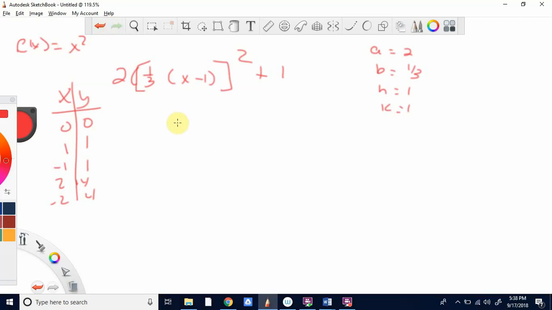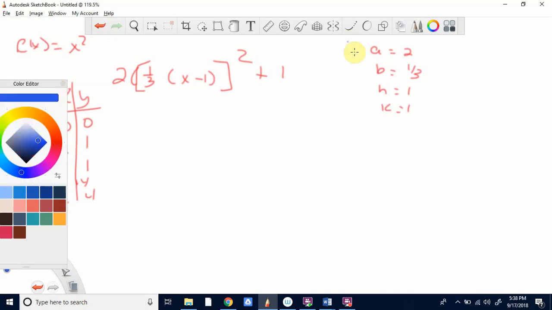Okay, so let's put our formula chart in. Remember, a and k affect y, b and h affect x. So we're going to start with our x. We have b. Remember, the formula was 1 over b, x plus h.